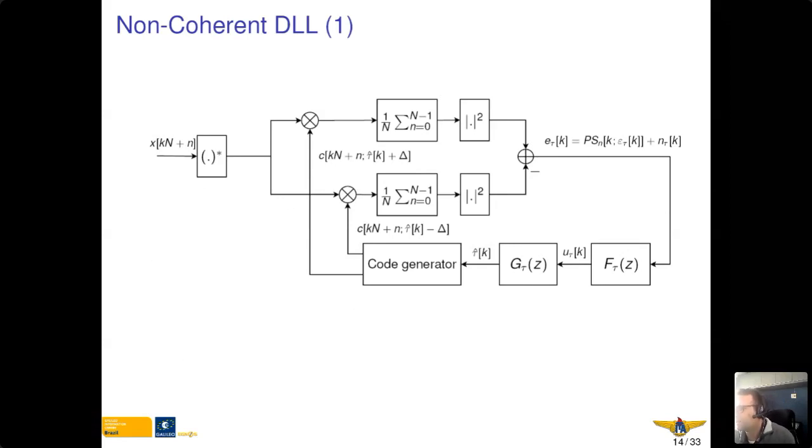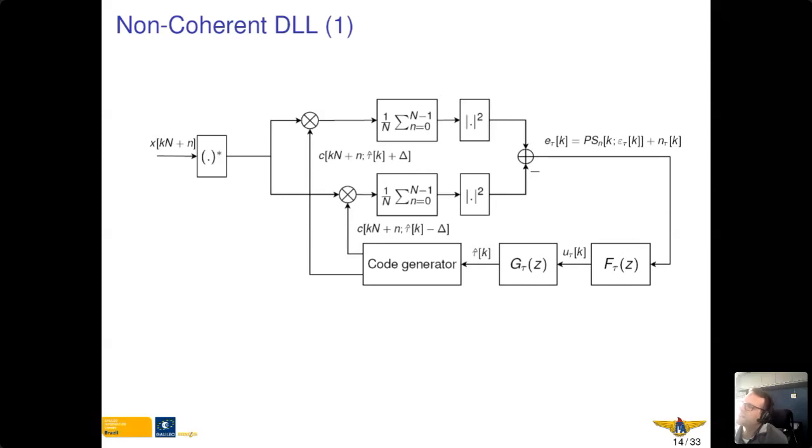And then we perform correlation, which is the sum of this after multiplying, and we take the absolute value squared, and this is exactly the cross correlation that we have calculated before as the estimator for tau. We now perform the feedback structure. We have to take the early minus late.